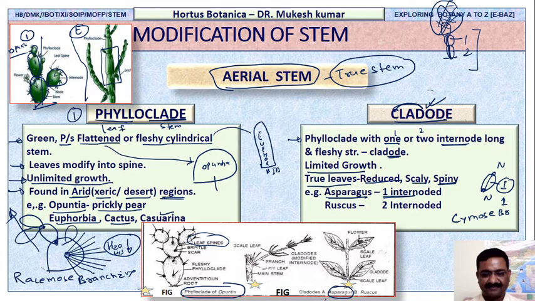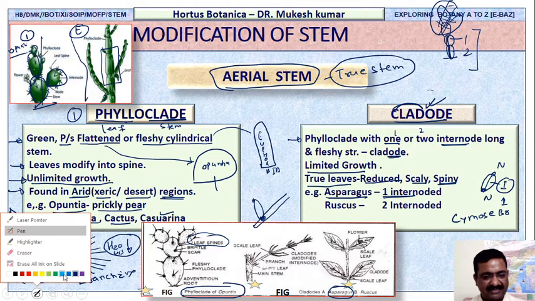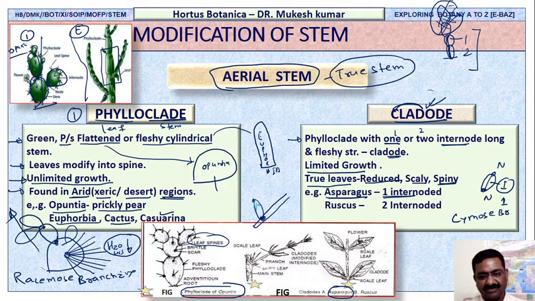see this example of asparagus. Here we are finding what happens. See, this is the condition. You are finding this appears like the leaf but it's not a leaf. See, this is one node, it is another node growing like this, and what you are finding, collect the point, this is the internode.